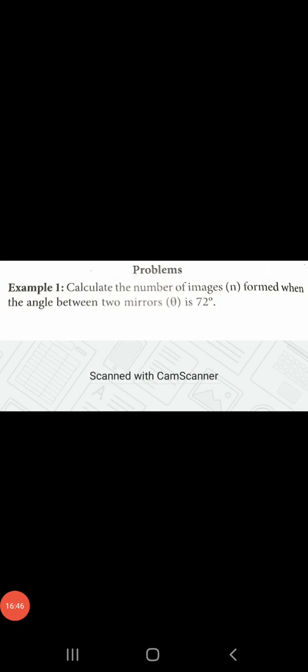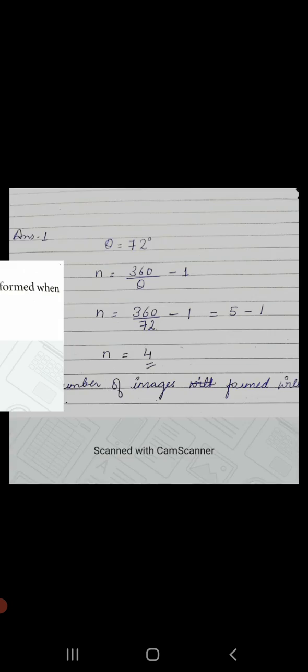Looking at the first question, it states: calculate the number of images formed when the angle between two mirrors is 72 degrees. So can you tell me what is the information that is being given here? We have been given the angle, that is 72 degrees, between the two mirrors. So now we will put the value of theta in the formula and try to find out how many images are formed.